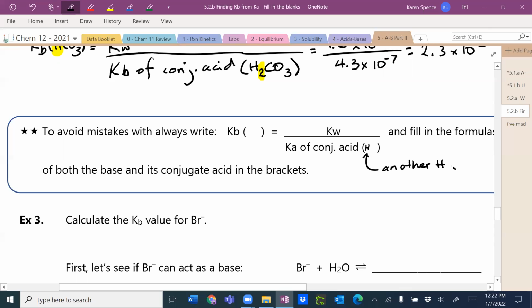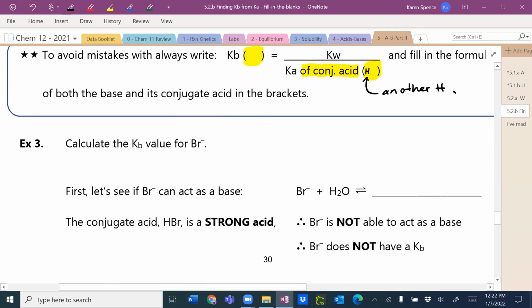Okay, fill in the formulas. If you get to the point where you don't want to write the conjugate acid part anymore, you can certainly just write in your base and then your acid, and that would work just fine. Okay, as a reminder to you of what you need to do.